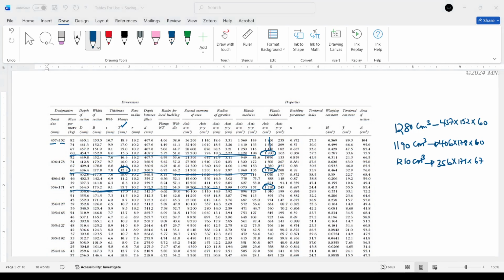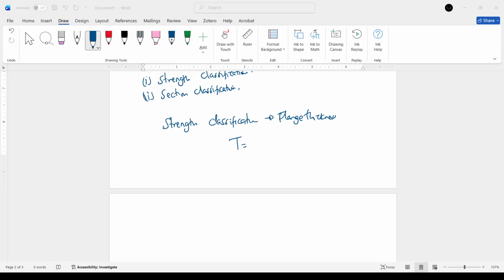So bring it here. Flange thickness T, 12.8. Flange T is 12.8. From British Standard 5950, table 6. And for ease, I have given you that table.